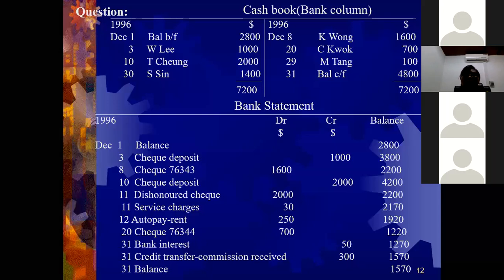So this is a question. There are times you have questions like this: the cash book ruled this way and the bank statement this way. When the question comes this way, it is very easy.